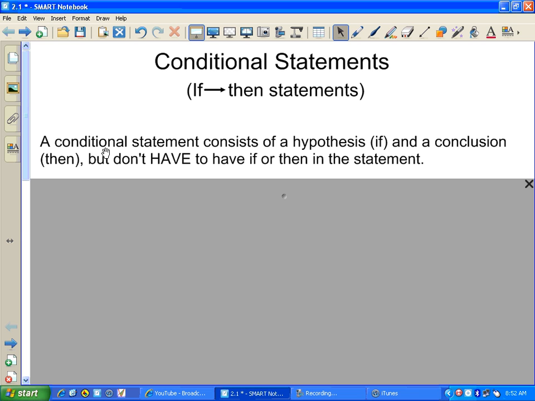The if, the hypothesis, is kind of like you're given information. It's what you're assuming is true, and the conclusion is what you're trying to show is true. So when we get to proofs, the if is what you're going to be starting with, and you're going to be working towards showing that the then part is true, and we'll get more into that when we start doing proofs.